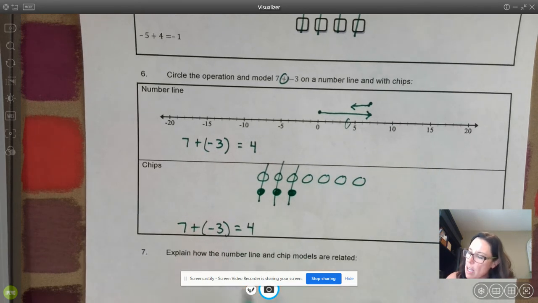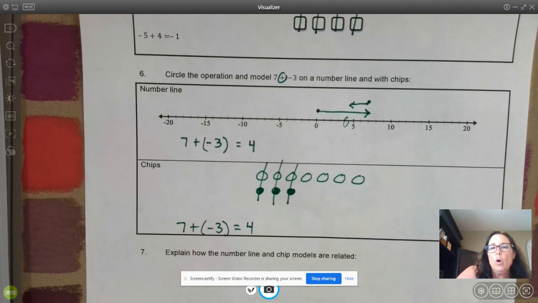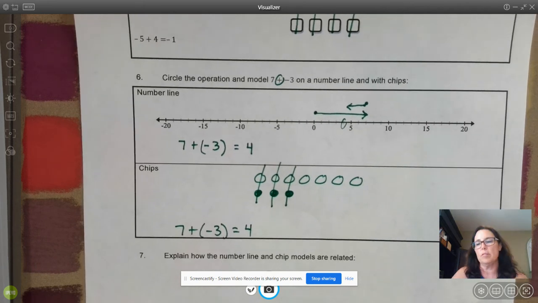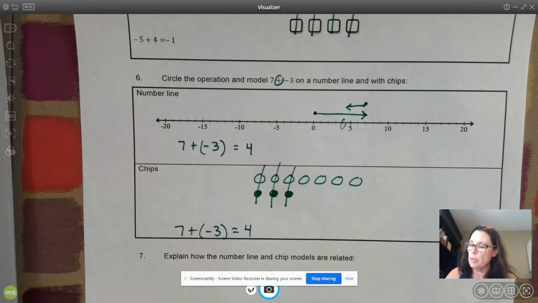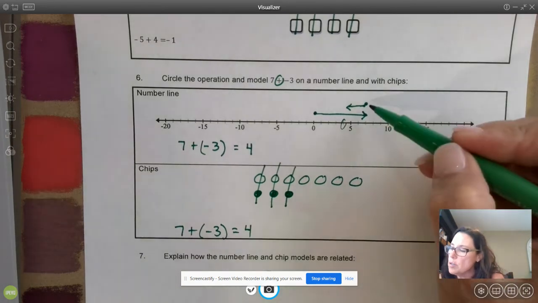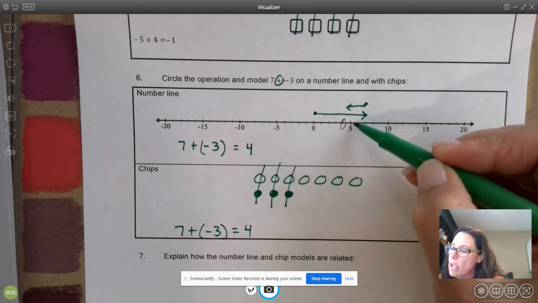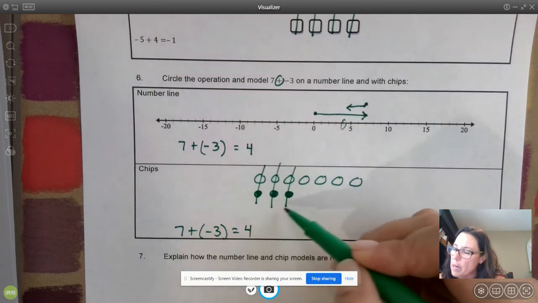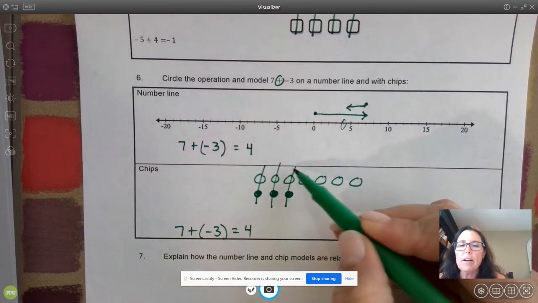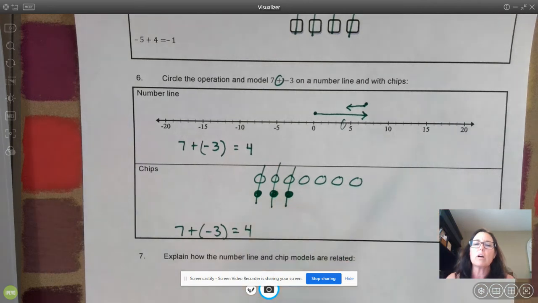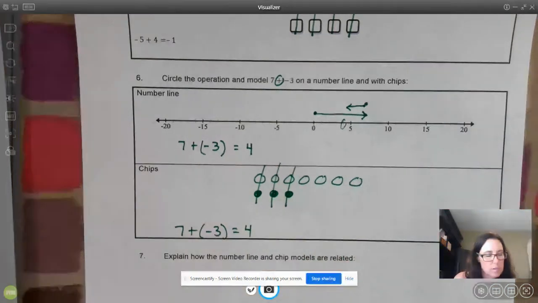Okay, so explain how the number line and chip models are related. I hope that you can tell the 0 pairs in both models. That's super important to see. So you see the 0 pairs in this overlapping area, and then you see the 0 pairs in this overlapping area. So it's very important to look for that overlap, because that's going to help you get to your answer.